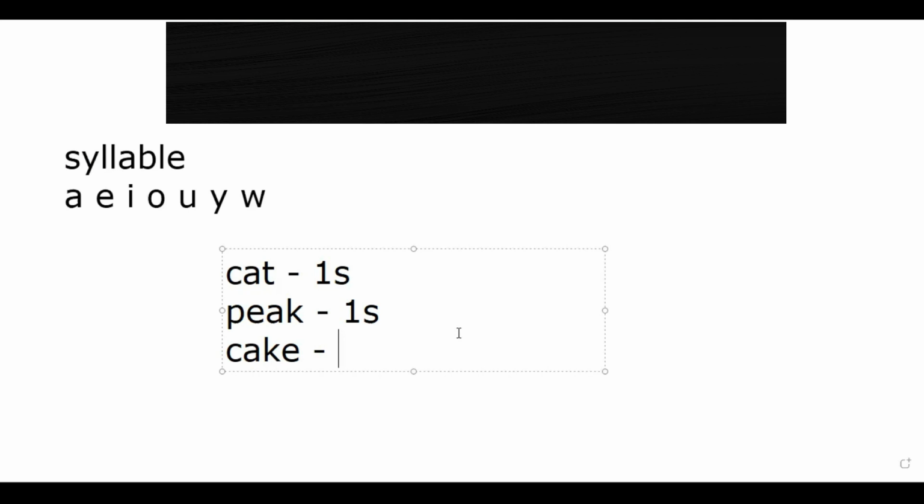How many vowel sounds? 1. So the word is with 1 syllable. If 2 vowels are together making 1 sound, then it is considered as 1 syllable. If 2 vowels are split, but still they are making only 1 sound, again it's considered as 1 syllable. So we call it a monosyllable word.